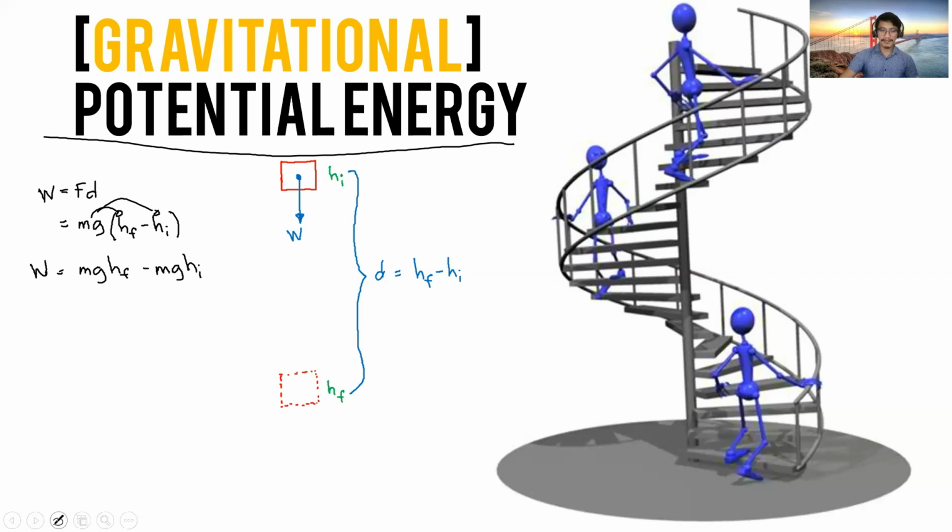Ayan. So work pala, work is just, you are already familiar with this equation, tama? This is potential energy. Dyan pala galing yung potential energy. So this is just the same as the final potential energy minus the initial potential energy.